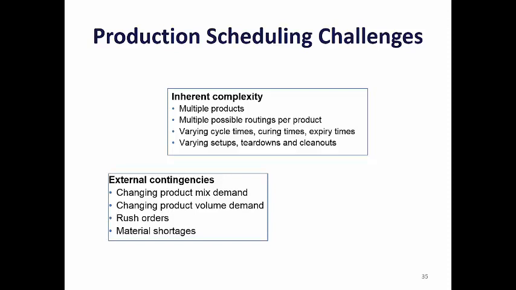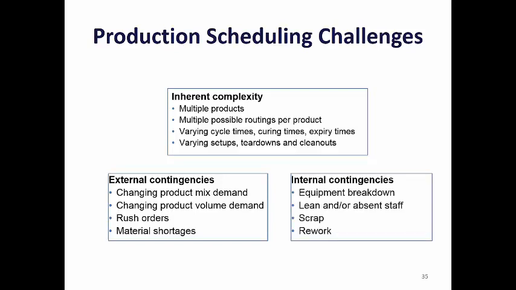It can change moderately over time, or it can change very quickly if there are a number of rush orders. Product volume demand can change, sometimes in a known seasonal pattern, sometimes not necessarily. And then there can be material shortages. It's a just-in-time world, but sometimes that material doesn't arrive just in time, so the production control team needs to be able to respond to that.